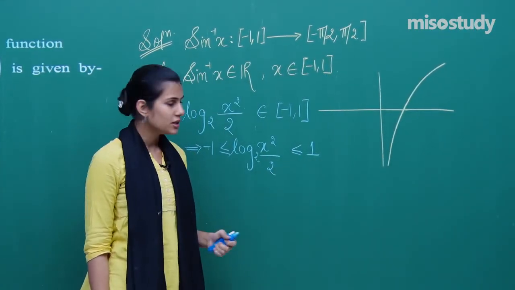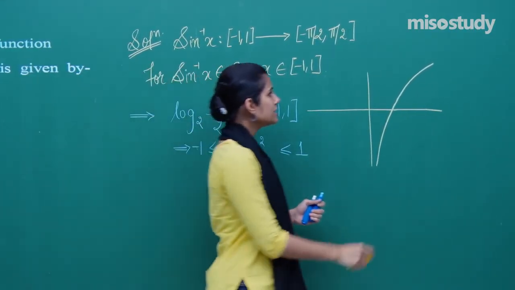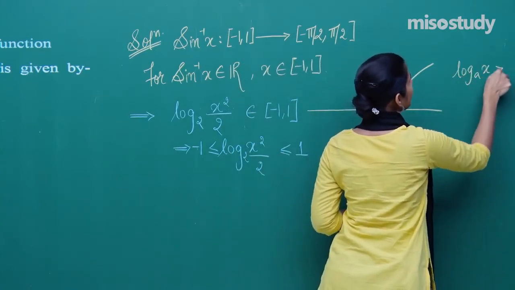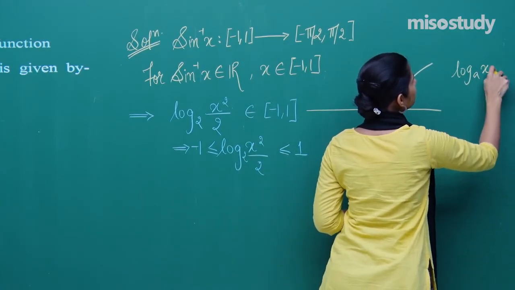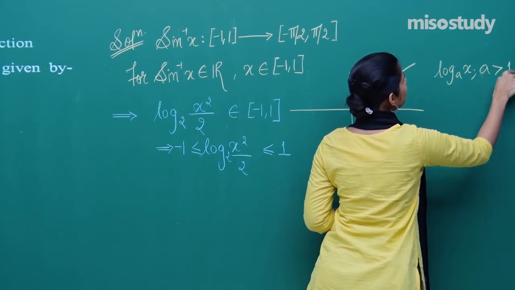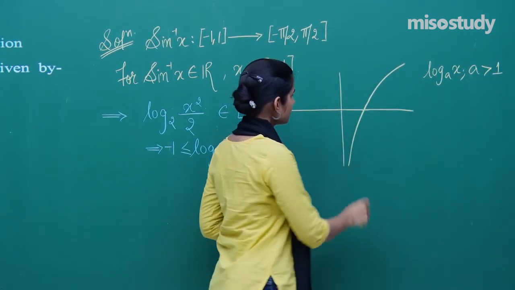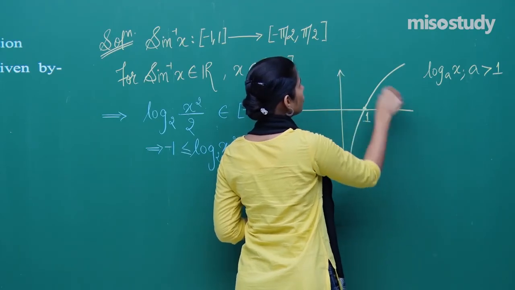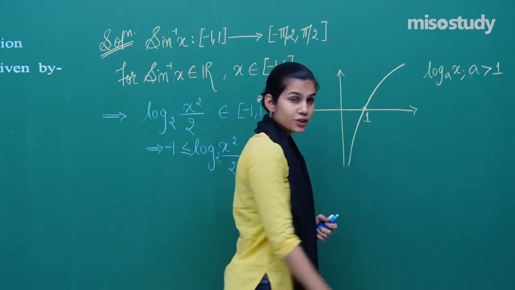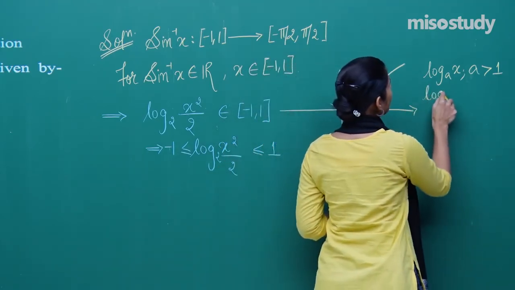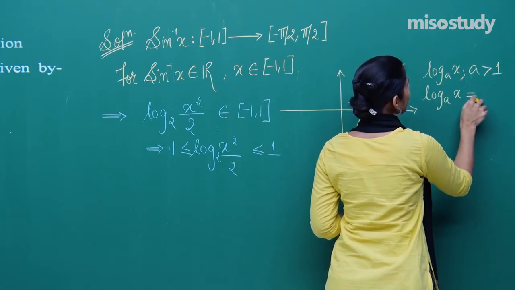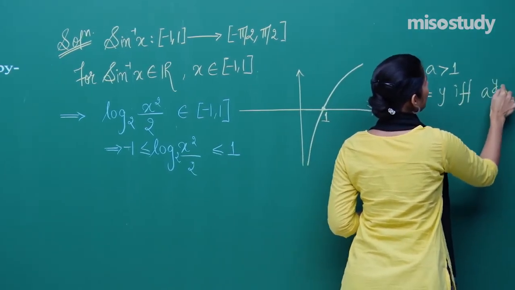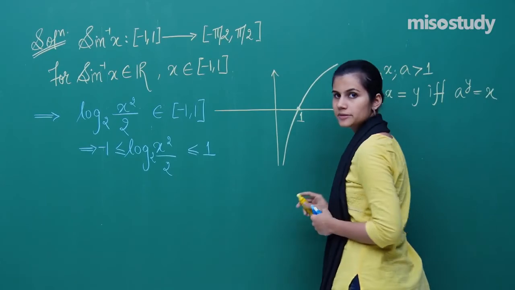At 1, it is 0. And I know that log x to the base a is equal to y if and only if a to the power y is x.